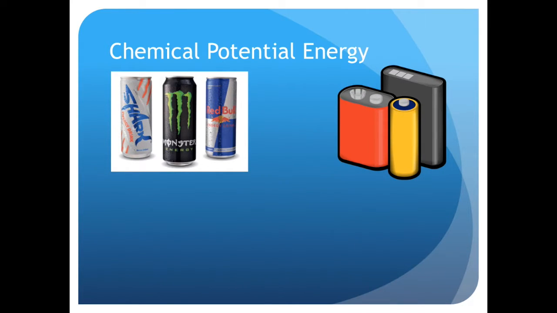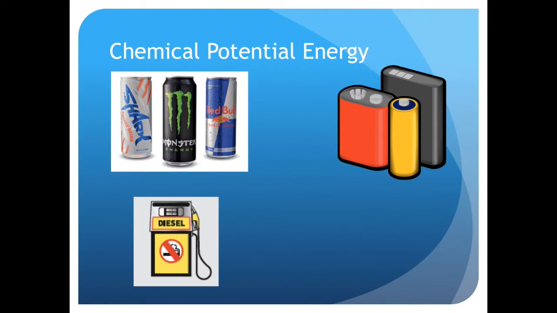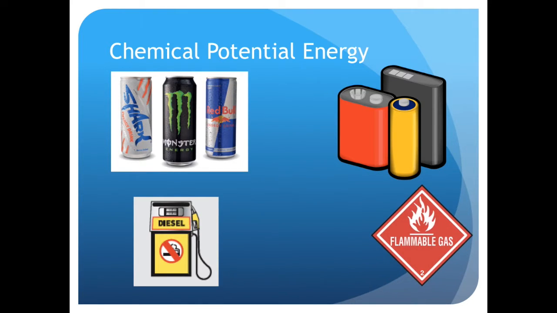We've got batteries, so all sorts of batteries will store chemical energy because they've got chemicals inside them, and when they're connected up to a power or leads or anything like that, then it turns into other sorts of energy. Fuel, petrol, diesel, all sorts of fuels, that's chemical potential energy, turns into kinetic energy when we put it into our cars and end up moving along.